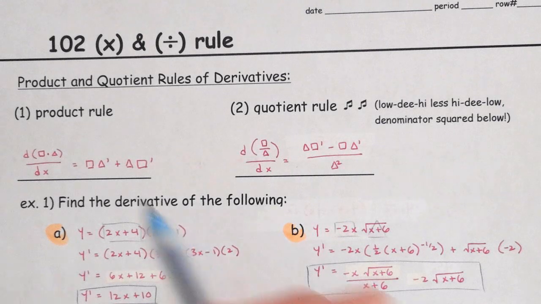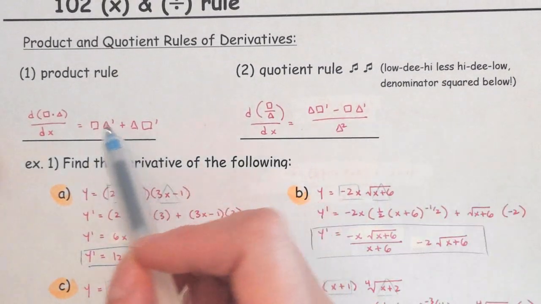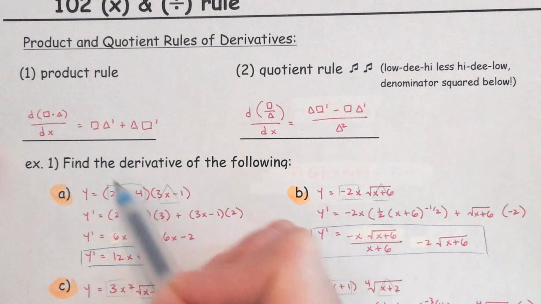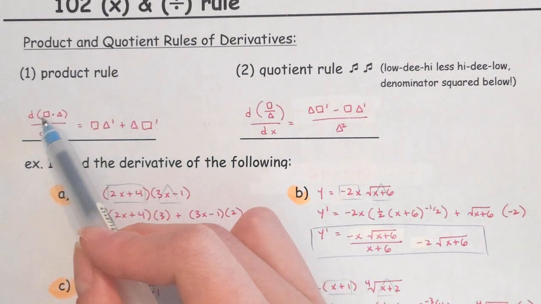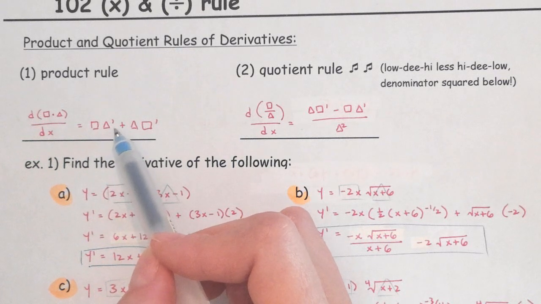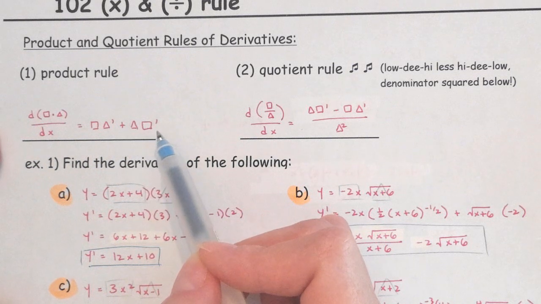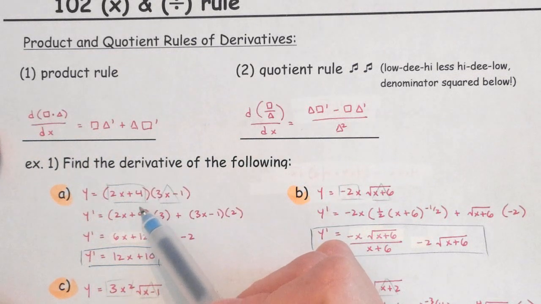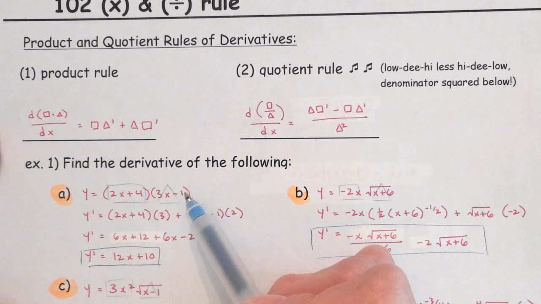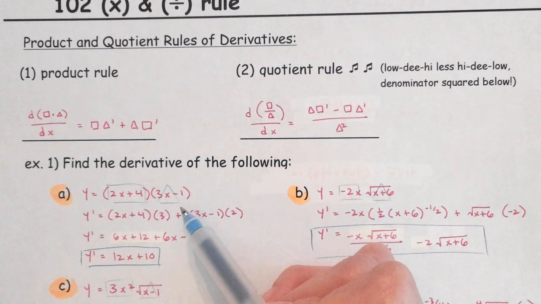Okay? So the product rule works something like, if you look at that first example, if two things are being multiplied, you do the box times the derivative of the triangle plus the triangle times the derivative of the box. So for instance, you have something times something else. I label one a box, I label one a triangle, just because sometimes it's easier to see it that way.